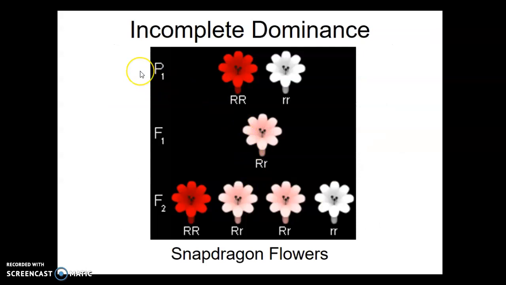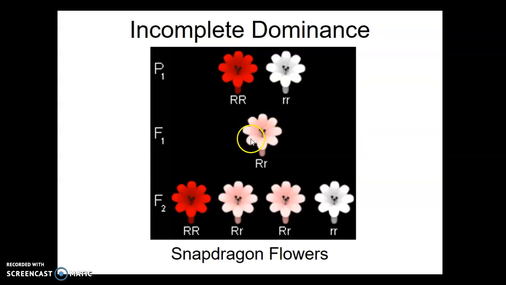So here, if we look at kind of 3 generations of this. Generation 1, we have a red flowering plant that is homozygous. We cross that with a white flowering plant that is also homozygous, and we end up with the heterozygous individual. The heterozygous individual is going to express that intermediate or that mixed phenotype.